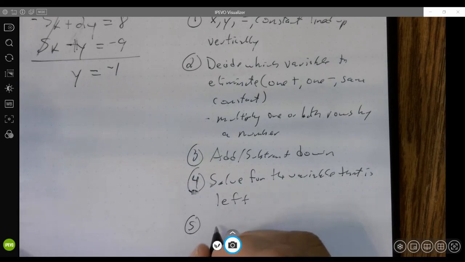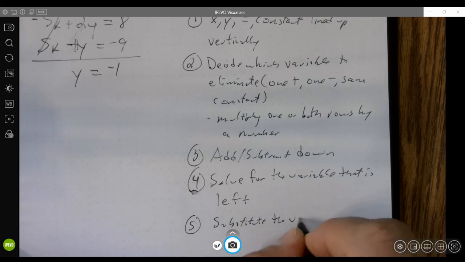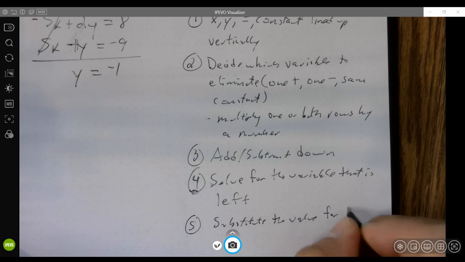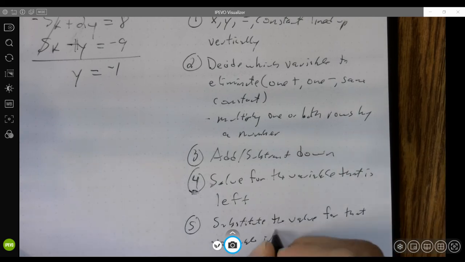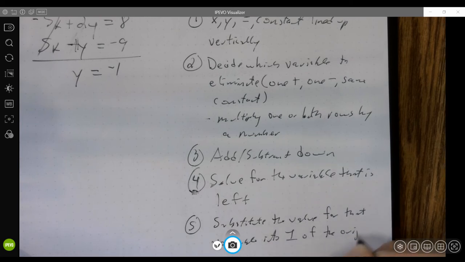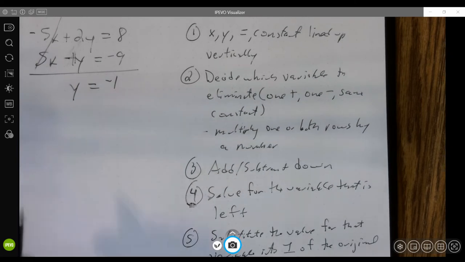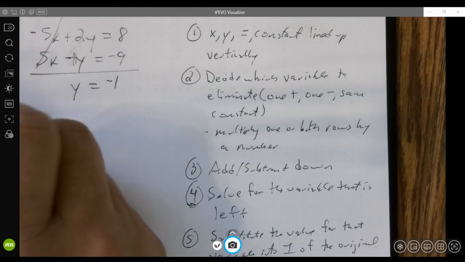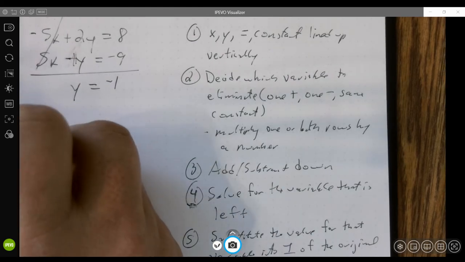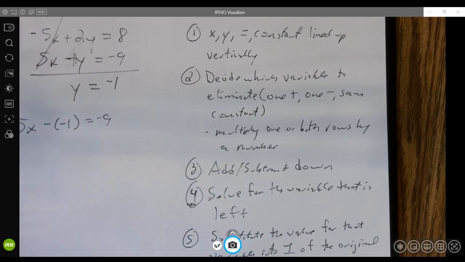And then the last step is to substitute the value for that variable into one of the original equations. Okay, you could choose either one. So I'll do the bottom one because it's a positive 5x. Doesn't really matter. 5x minus, I'm plugging in for y, negative 1 equals negative 9.